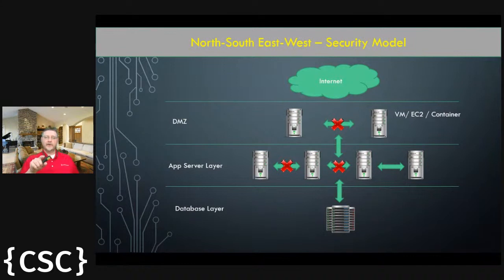Now, when I have multiple servers at those different layers, such as DMZ or app server type layers, there may be times when servers are expected to talk with each other, or maybe for only very tight reasons, such as keeping a pulse check for health checks and for high availability.